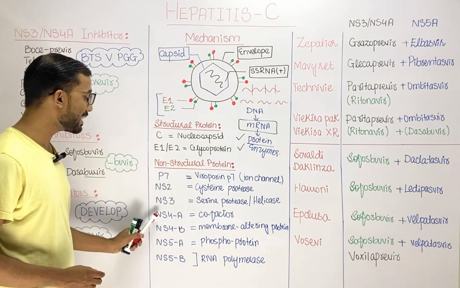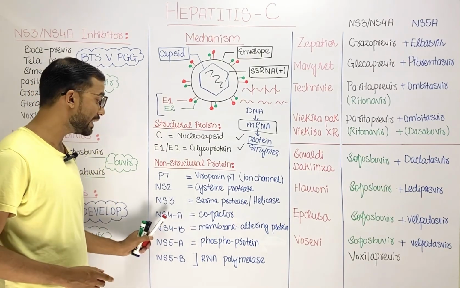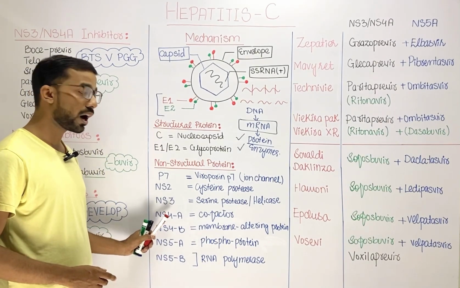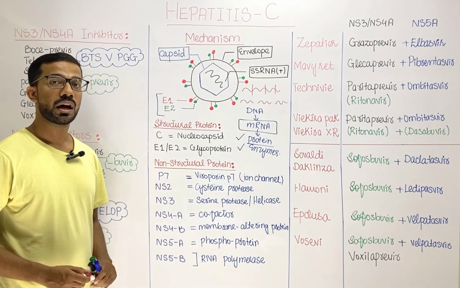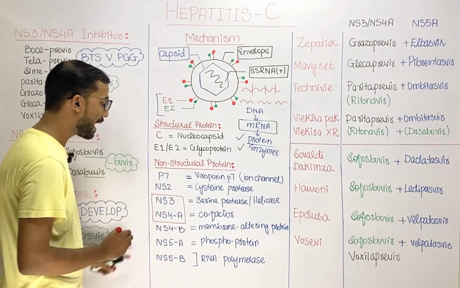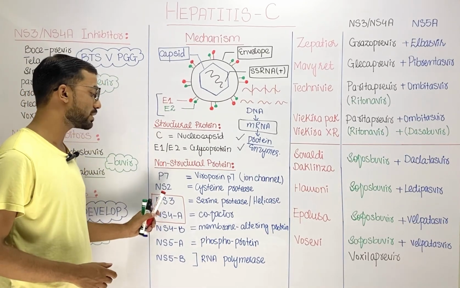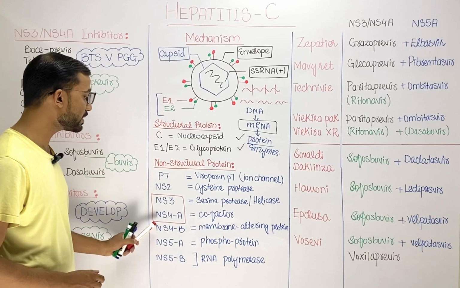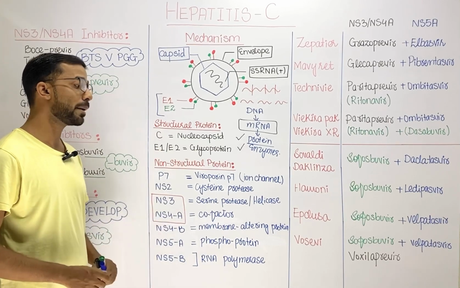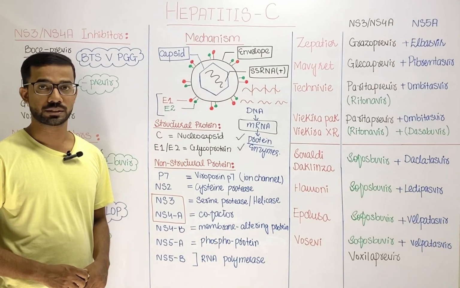Next is NS4A. This acts as a cofactor and enhances the activity of NS3. So NS3 is the main protein, and NS4A helps or regulates NS3. Next is NS4B. This is the membrane-altering protein that provides the replication sites.